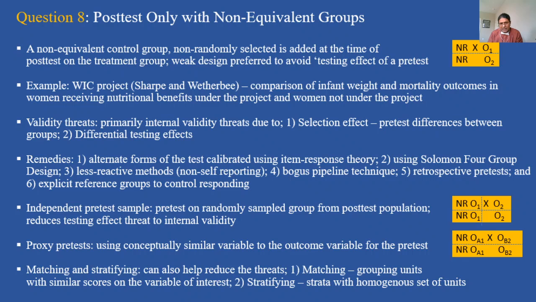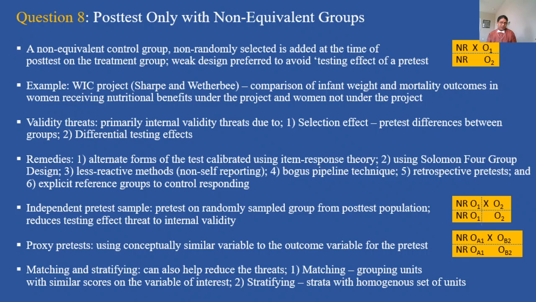Now, can we counter or reduce these validity threats using independent pretest samples that we just discussed? So when it is not plausible or possible to gather pretest data, pretest information is obtained from a randomly selected group from the same population with the post-test.